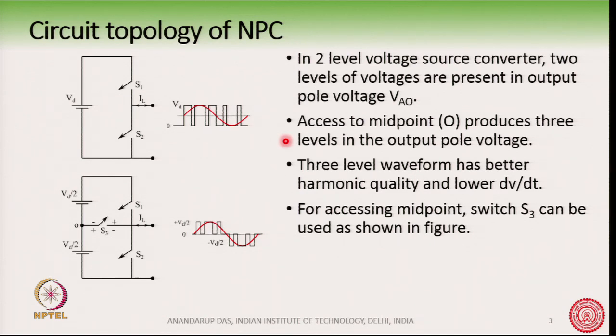So, if we can make a waveform having a shape like this, where the red one is the desirable waveform, and what we actually produce from the converter spans between 0 and Vd by 2, and on the negative side between 0 and minus Vd by 2.